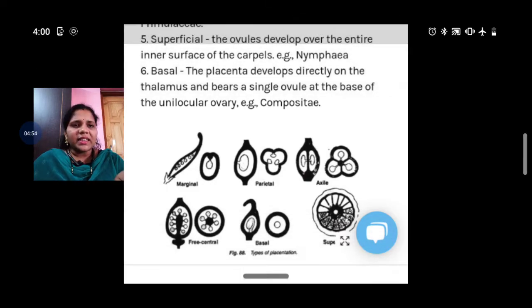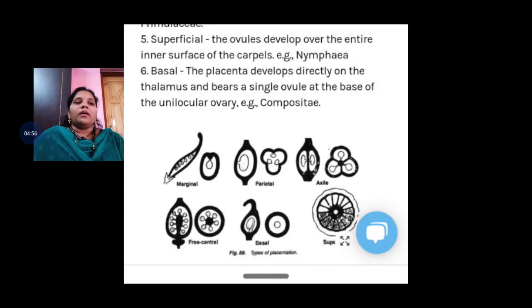Next, in the basal, the placenta develops directly on the thalamus and bears a single ovule at the base. Here you can see that the placenta develops directly on the thalamus and bears a single ovule at the base. This is all about the placentation.